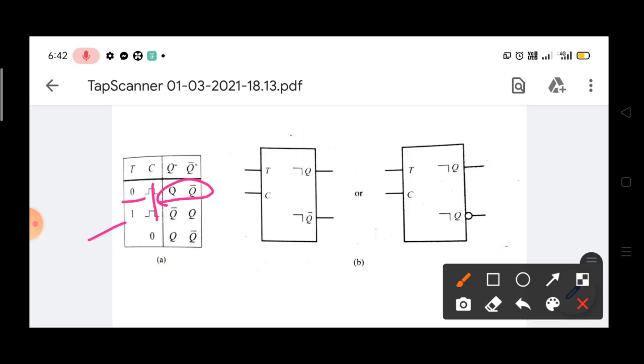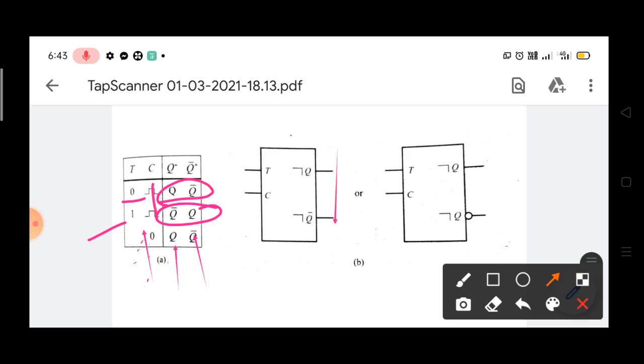When T is 1, our present output is the complement of the previous state, right? And if the clock is 0, again similar to the JK flip-flop, my present output will be the same as the previous outputs, Q and Q bar.